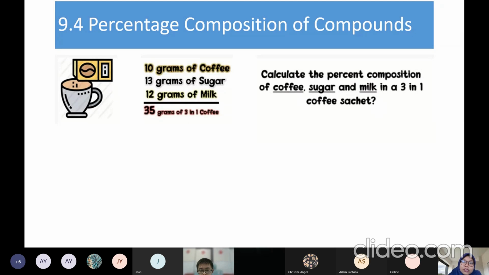How to calculate the percent composition of coffee? For the coffee would be 10 over 35 times 100%.